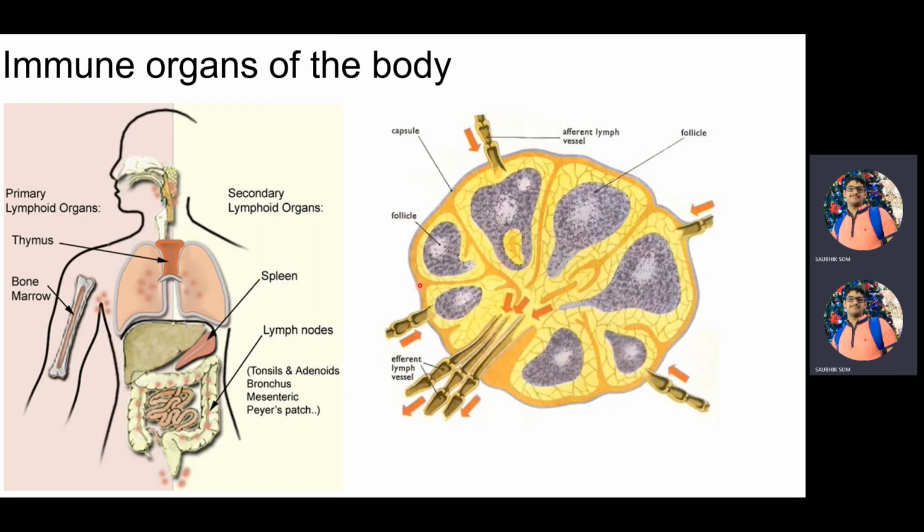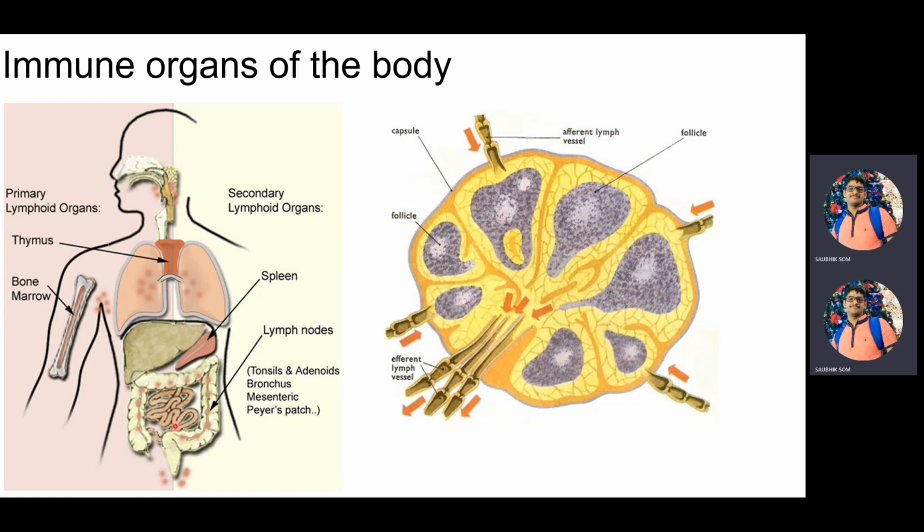And as you know, there are several immune organs in our body. These cells are generated in the bone marrow preliminarily. Then the progenitors of T cells move to the thymus, and T cells are generated from there.